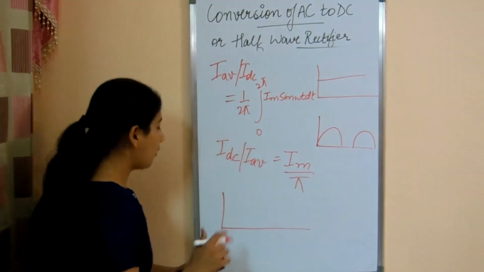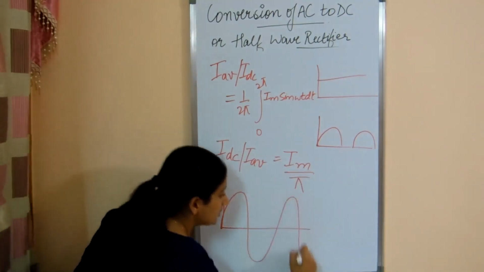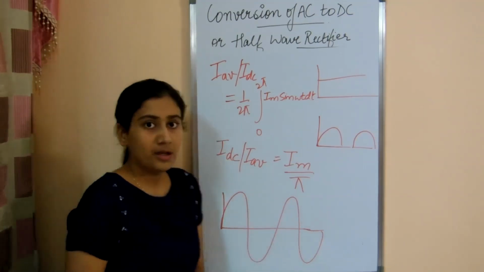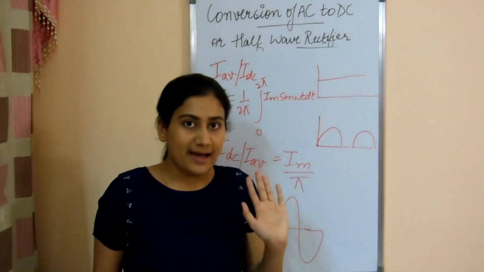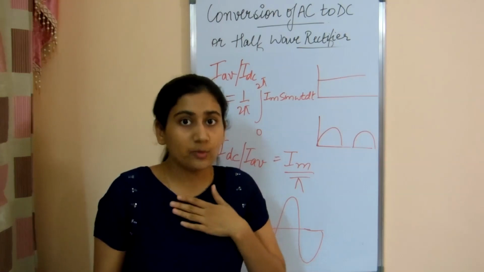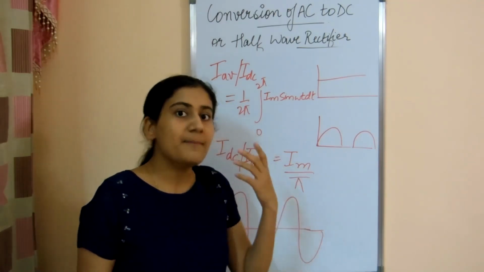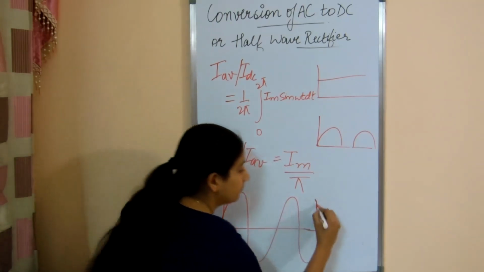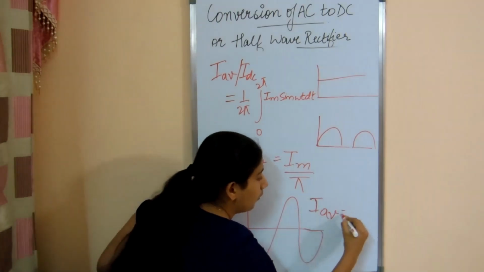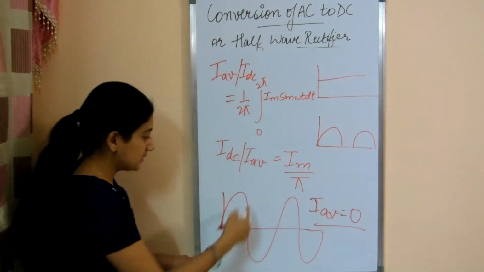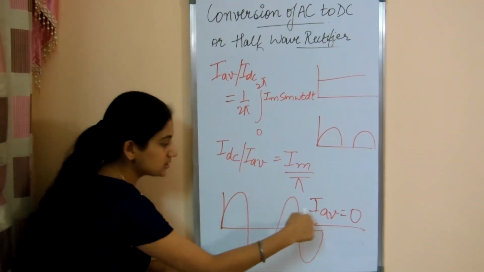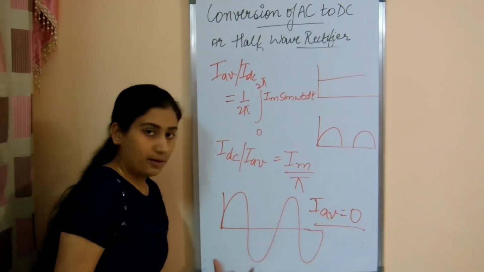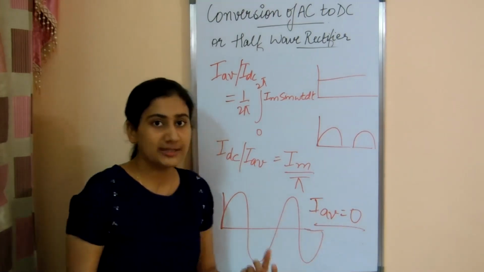But what about alternating current? Now this is alternating current. If I touch the wire which has AC current, I am going to feel current. But mathematically the average of AC current is 0. Because we can see that this curve cancels this curve. So mathematically average current is 0.